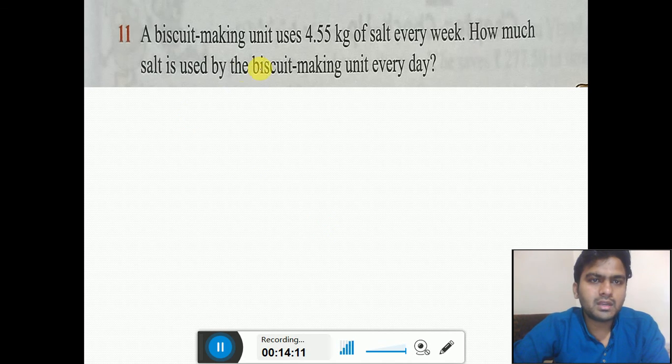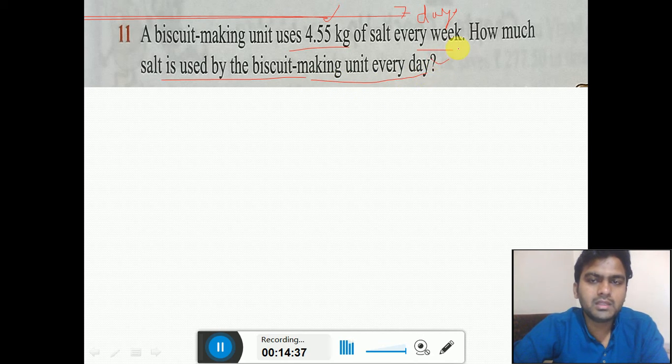A biscuit making unit uses 4.55 kg of salt every week. In 7 days, meaning in 1 week, the company uses 4.55 kilogram of salt. Now how much salt is used by the biscuit making unit every day?